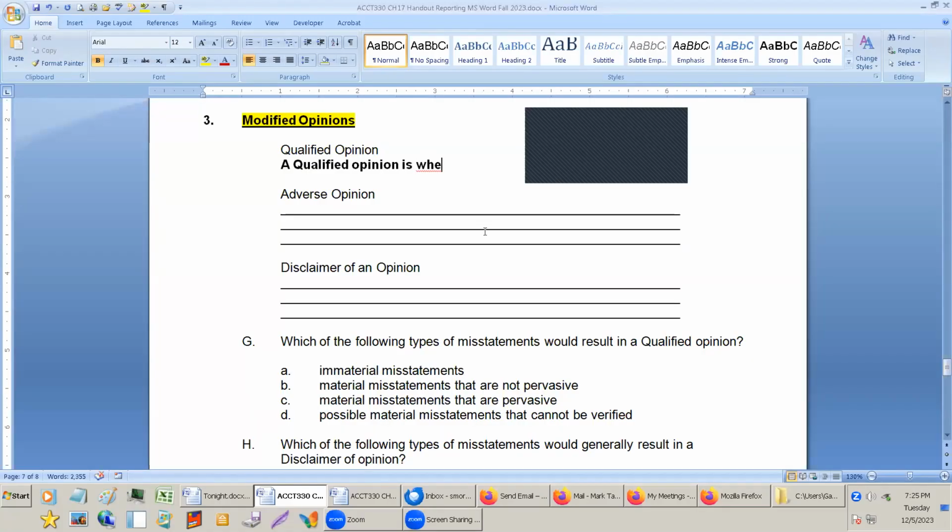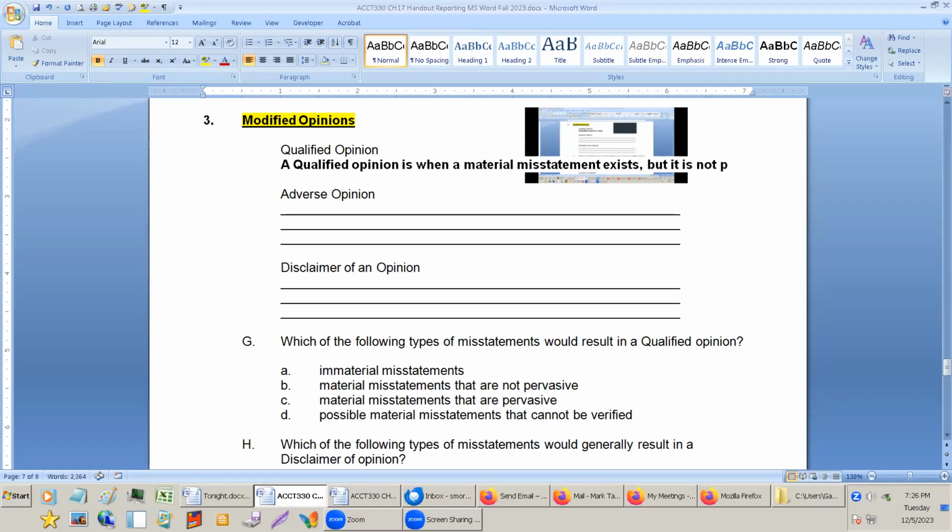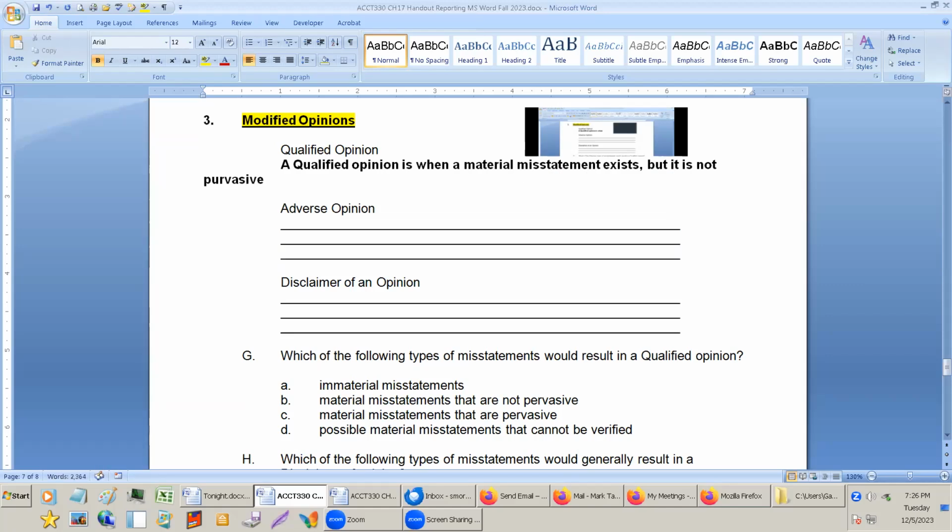Sorry about that. A qualified opinion is when a material misstatement exists, but it is not pervasive. Usually it's limited to one account, maybe 2 accounts.